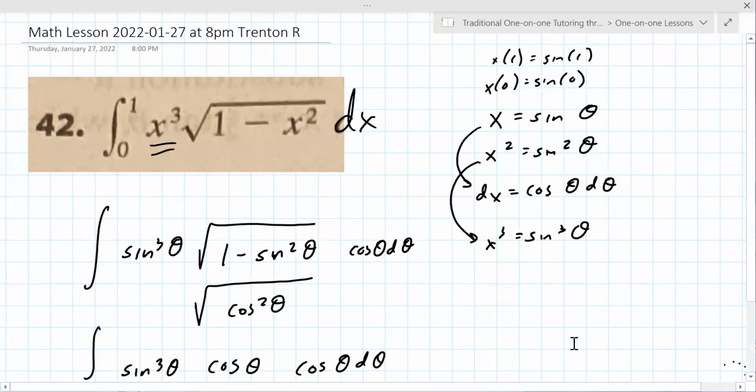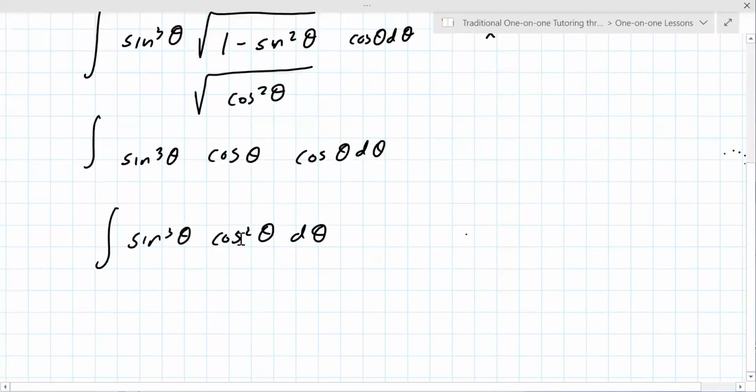All right, so from here, you do make a u substitution. This is also a known one. So let me pull this up. Integral table. So see how the exponent is odd with sine and even with cosine. That's a special case here, and you don't want to do it by hand unless you have to.